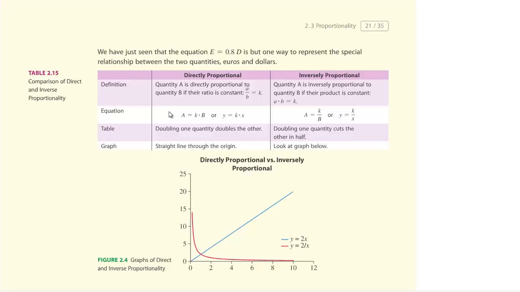So for instance, let's say they gave you two pairs of numbers and they said, find a formula, either direct or indirect, that fits these numbers. And they don't tell you whether it's indirect or direct. They just say, okay, here's my x and my y. When x is 3, let's say y is 10.